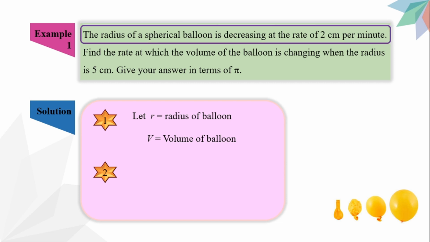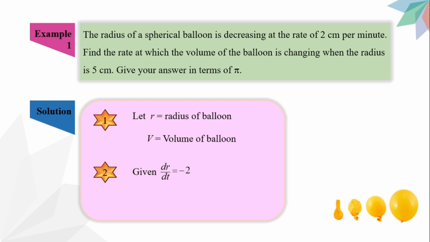We are given the radius of a spherical balloon is decreasing at the rate of 2 cm per minute, meaning the radius changes at the rate dr/dt equal to -2. Notice that we have to make the rate negative to capture that the radius is decreasing. We are also given radius equal to 5, and we write r equal to 5.